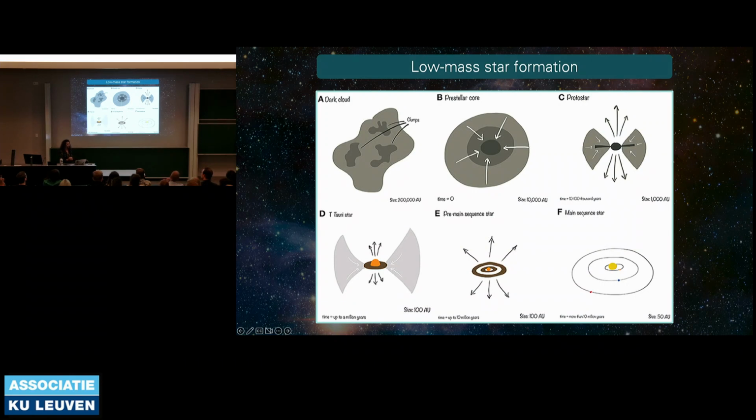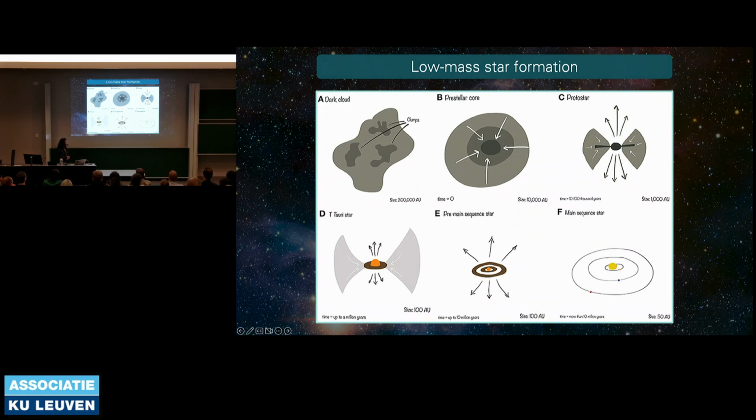So for low mass star formation, if we only focus on single stars, stars are formed from a cold giant molecular cloud, where eventually, thanks to a source of energy nearby, such as the explosion of a supernova, for example, the areas of overdensities and the different clumps will start collapsing and it will form a dense core.